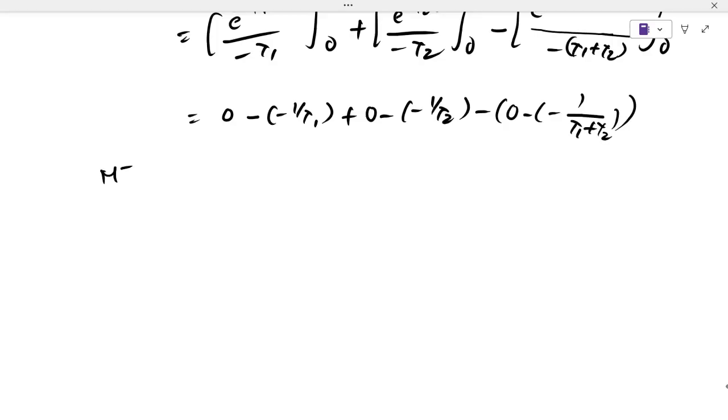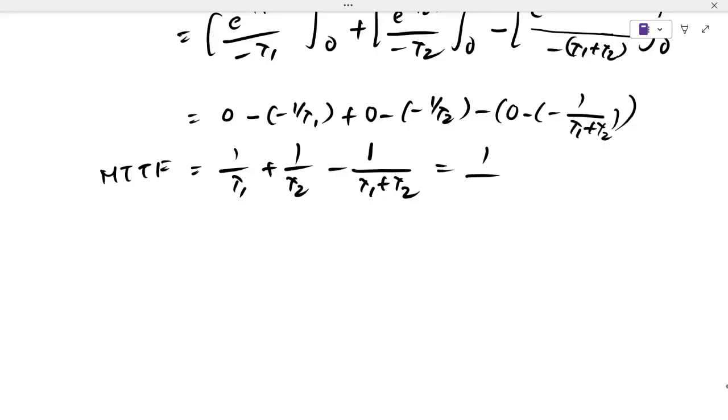Finally, our mean time to failure will be 1 by lambda 1 plus 1 by lambda 2 minus 1 by lambda 1 plus lambda 2.